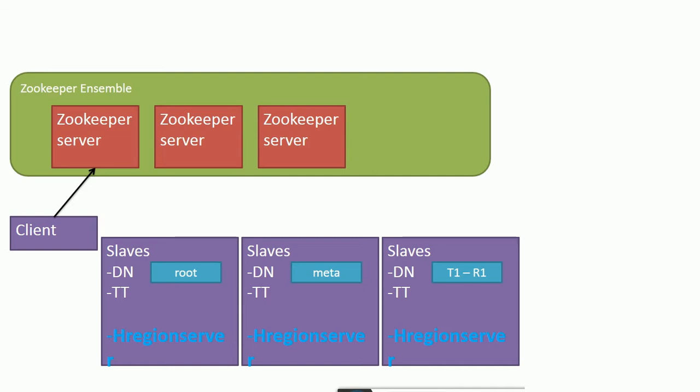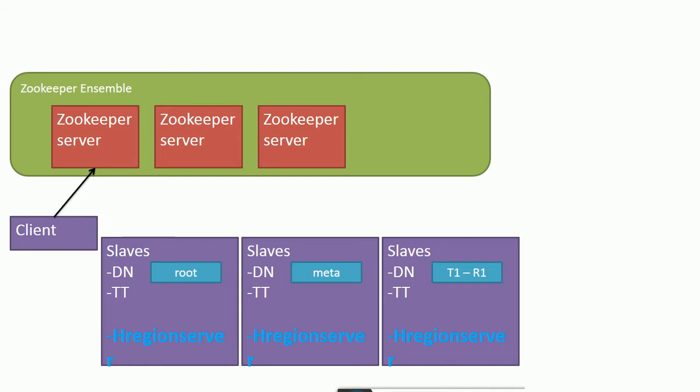Accordingly, if all the regions are to be displayed or a specific region has to be selected, the query will be hit on that particular region server, and from there the data will be fetched. So this is how the whole flow happens.